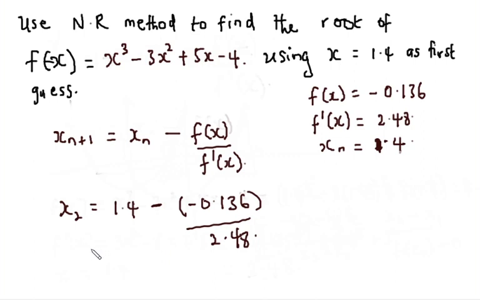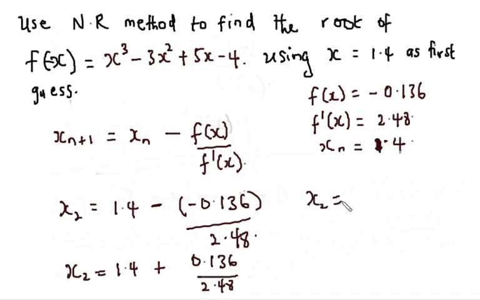So x2 becomes equal to 1.4 minus, minus times minus, so this is plus 0.136 divided by 2.48. So the x of 2 becomes equal to 1.455.